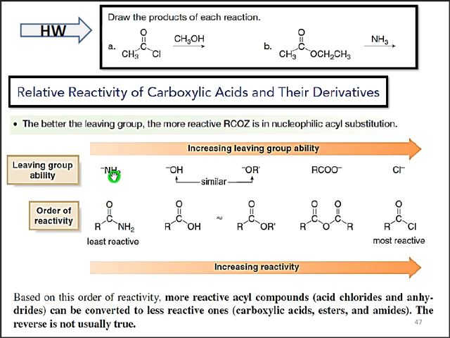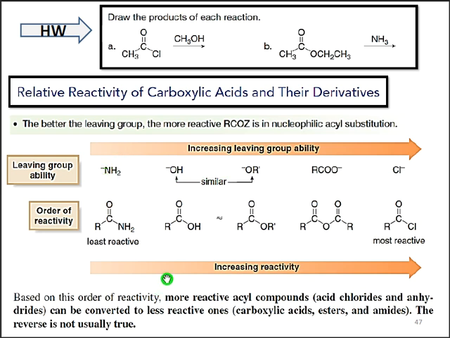And then we have the anhydride, which will be more reactive than the ester or carboxylic acid or the amide. And then we have the ester and the carboxylic acid, which are slightly similar. And finally we have the amide.